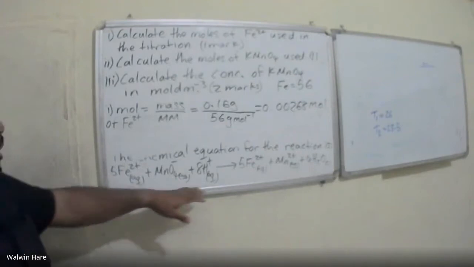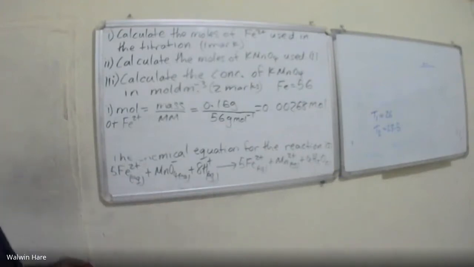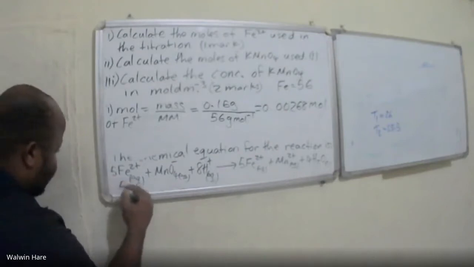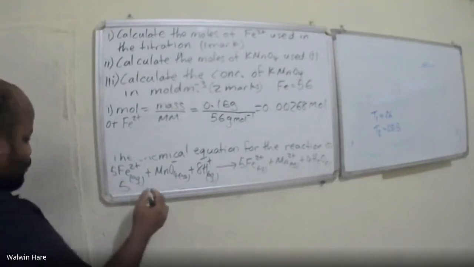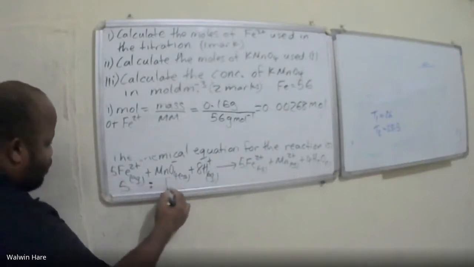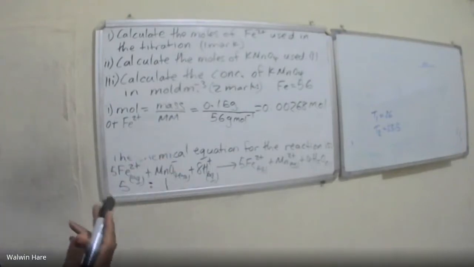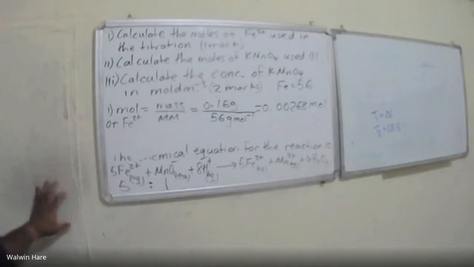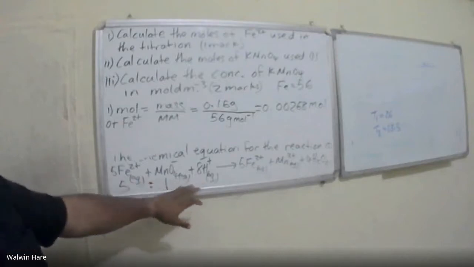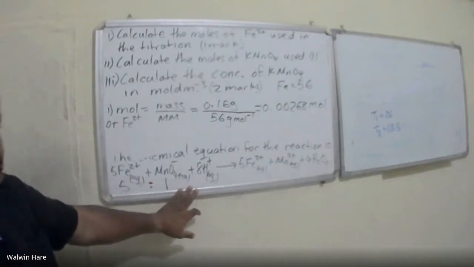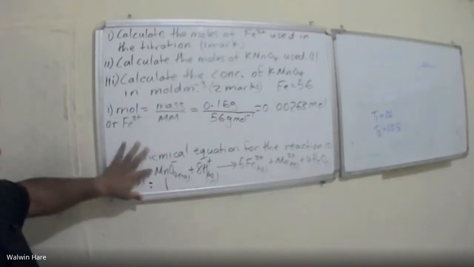Now, based on this equation, we know that 5 moles of Fe2 plus reacts with 1 mole of MnO4, the permanganate ion. Because it's a redox reaction, we don't include the potassium in it.